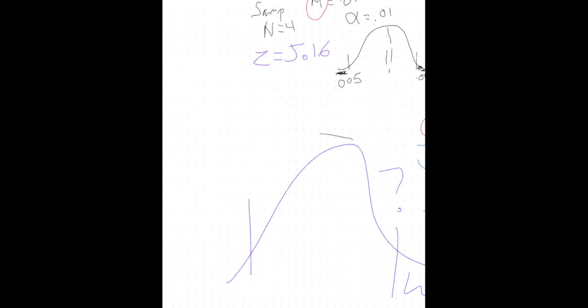That's our area under the curve. Alpha is a proportion under the curve. An alpha of 0.01 means 1% under the curve. Since it's a two-tailed test, it's 0.5%, or 0.005, over there, and 0.5%, or 0.005, over here.